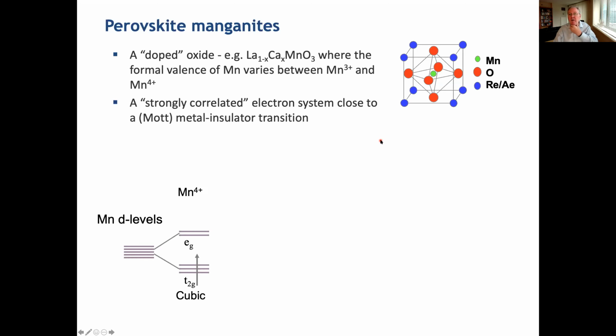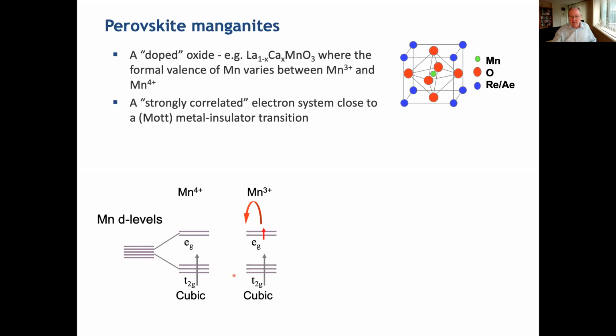A bit of chemistry about this. In a cubic environment, manganese, the d levels would split into a triplet and a doublet. And manganese 4+, which would be the end if I had complete calcium doping, would simply have the three lowest levels filled. Hund's rule will line them up, so there'll be a strong magnetic moment.